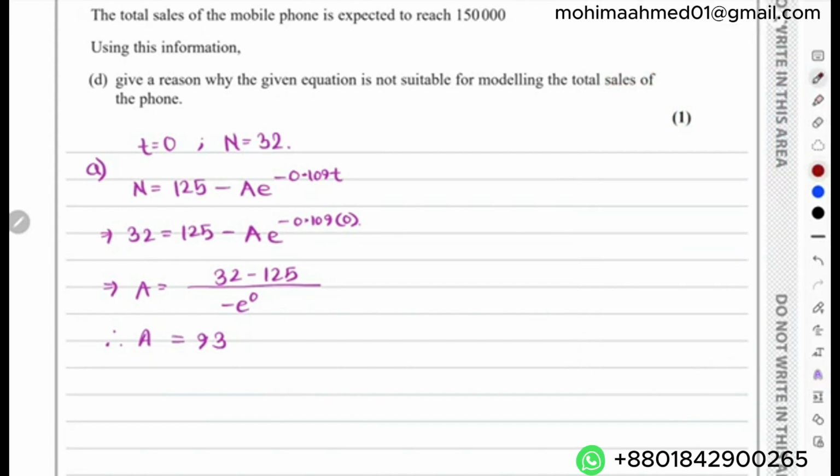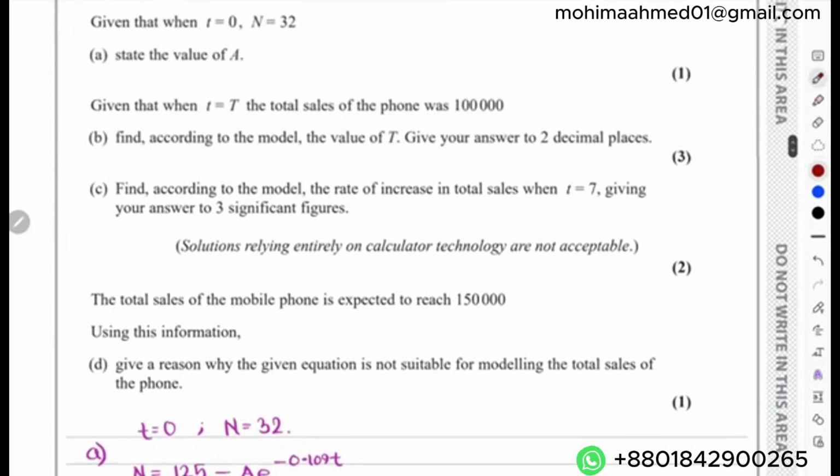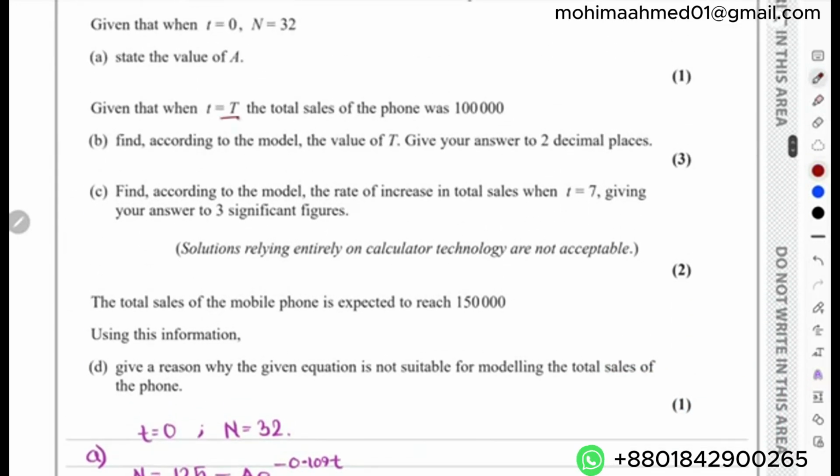We'll move on to part B then. When the time is capital T, the total sales for the phone was 100,000. Find, according to the model, the value of T, giving your answer to 2 decimal places. They have given you the value for N, but it is not exactly N equals 100,000.